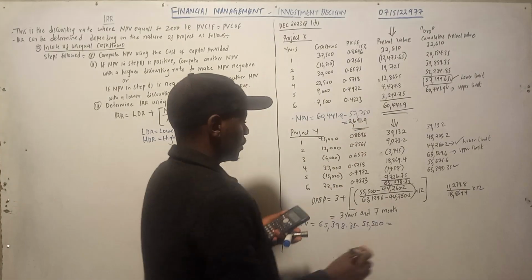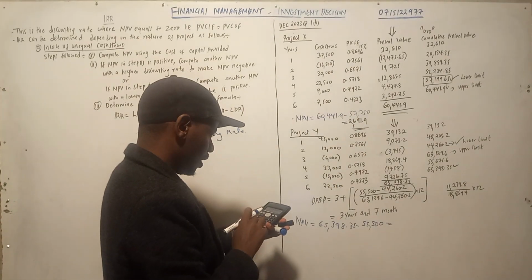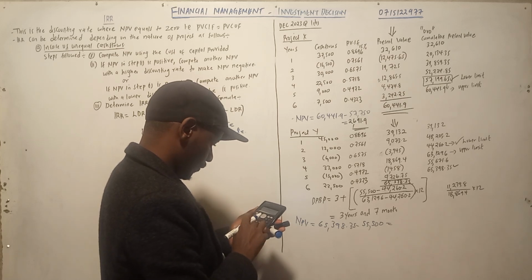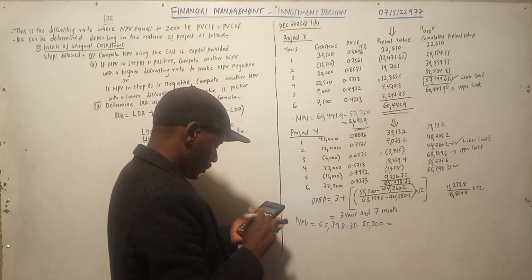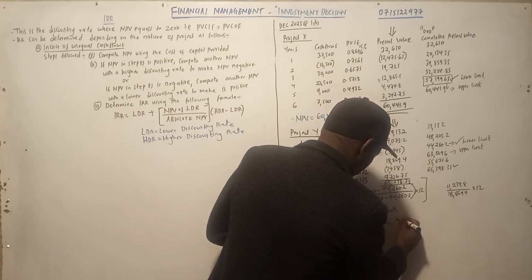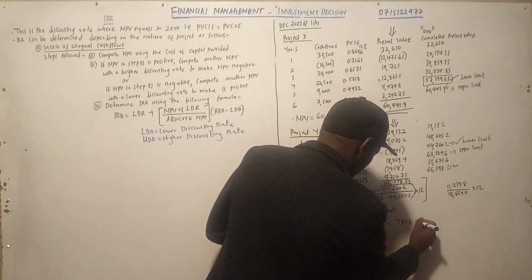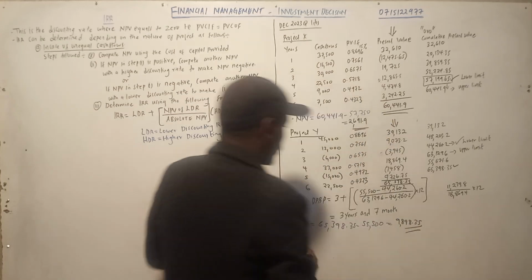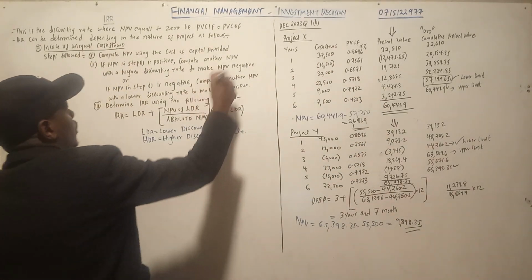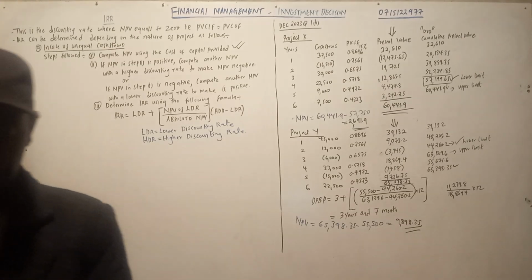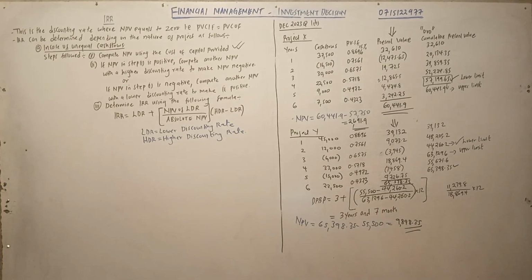So that's step number 1. Pia the other project, 65,398.35 minus 55,500, that is 9,898.35. Now that's step number 1 here. Compute NPV using the rate provided.